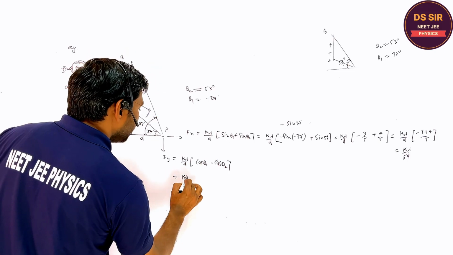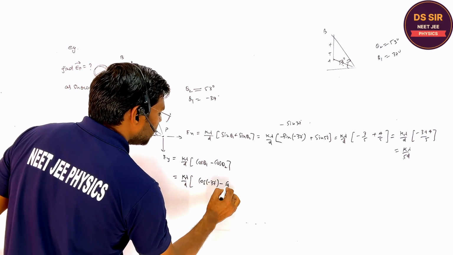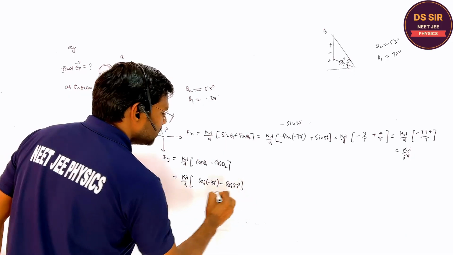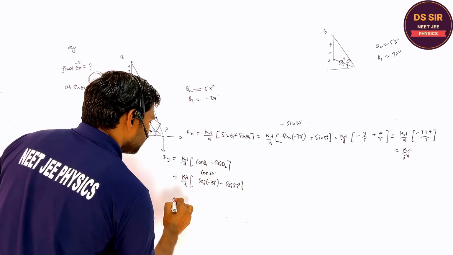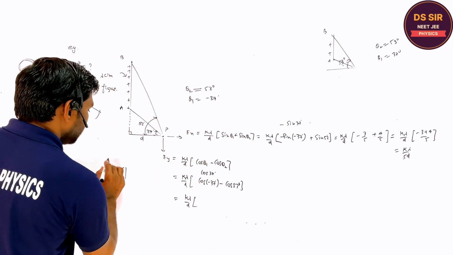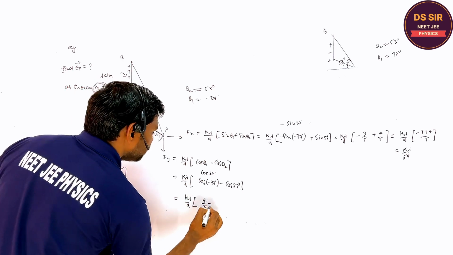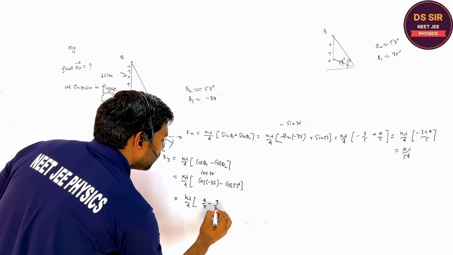And what about the Ey value, you tell? It is cos minus 37, minus cos 53 degree. Is it clear? Cos minus theta is equal to cos theta. Cos 37 is 4 upon 5, and cos 53 is 3 upon 5.